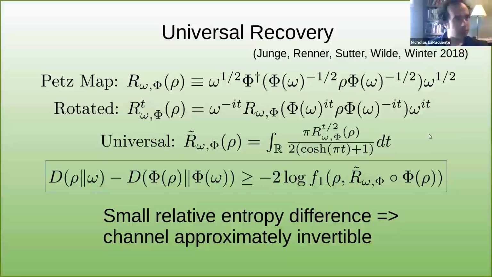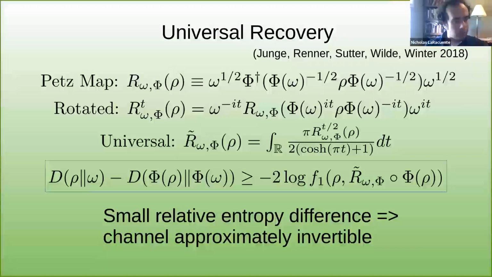And what this says is that for a given state omega, if for all rho we have this relative entropy difference being small, then what the right-hand side is saying is that there's a bounded similarity, or really a bounded distance between the original state and its recovered version.